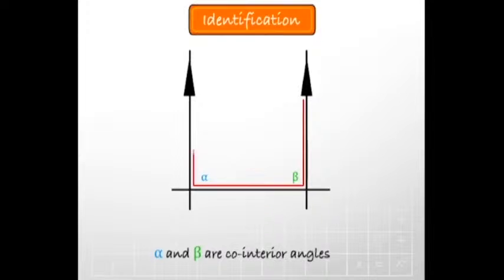If we look at diagram 2, alpha and beta are again co-interior angles. The transversal and the two parallel lines sort of form a U shape in which we have the two co-interior angles.